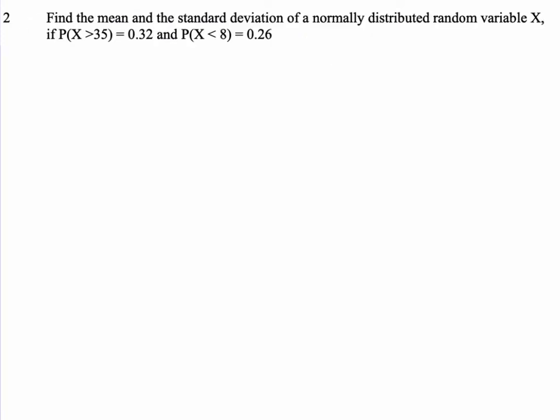Let's take a look at another example. In this question, we have to find the mean and the standard deviation, so two of them. Firstly, let's rewrite this as probability x is less than 35 equals 0.68. So most calculators use cumulative distribution functions, so you need less than here.